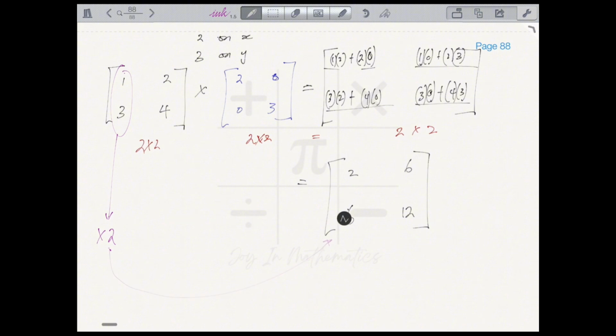When we multiply 1 by 2, we get 2. When we multiply 3 by 2, we get what? 6. Now the whole of y was multiplied by what? 3, and then we'll have 6, 12. When we multiply 2 by 3, we get 6, and when we multiply 4 by 3, we get 12.